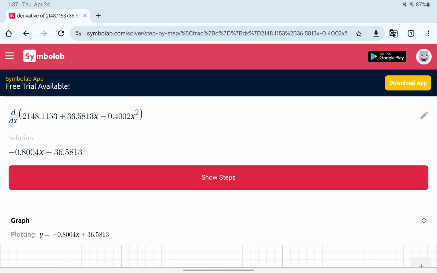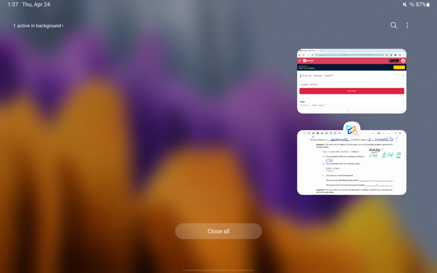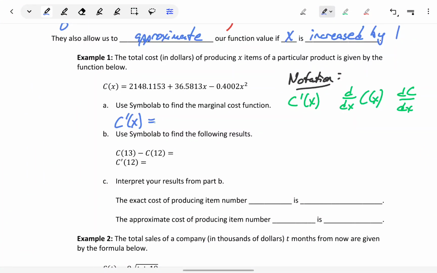After we evaluate, it'll give us that output, telling us that our marginal cost function in this case is negative 0.8004x plus 36.5813.